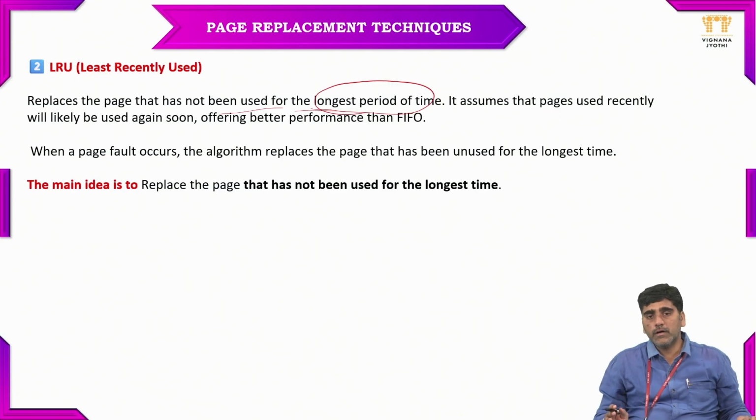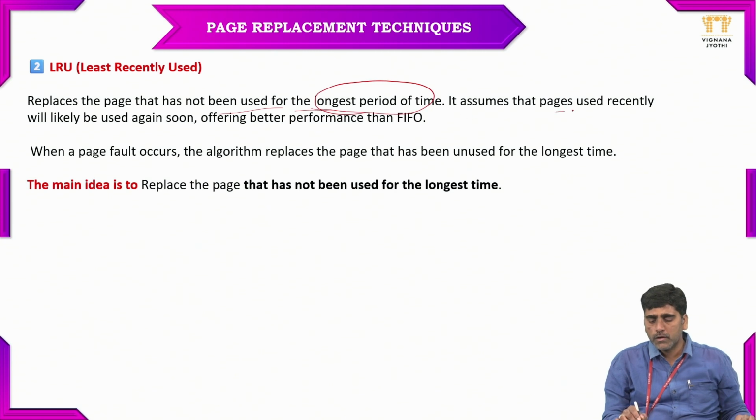In the first in first out order, the first page inserted into the memory will be removed. But in least recently used, the page which has not been used for the longest period of time is the one we remove and replace with a new one.